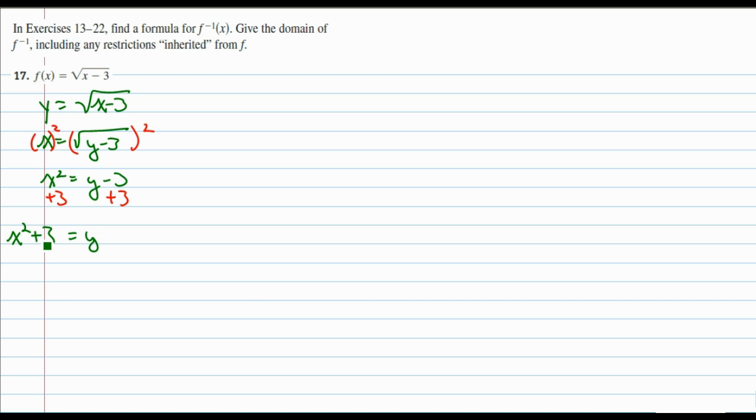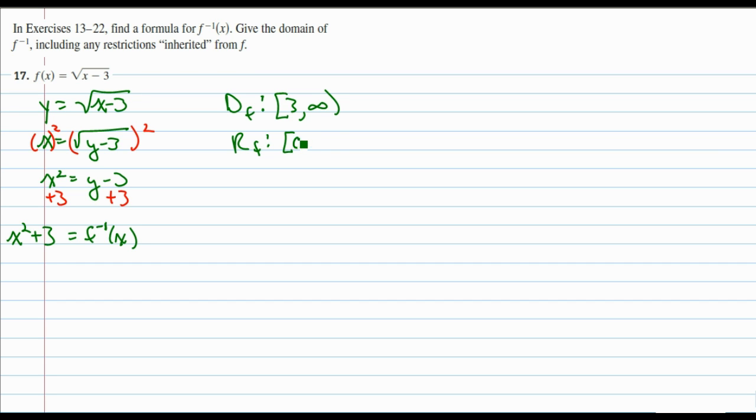So again, I have this situation where f of x is a square root function, so the domain of f is 3 to infinity. The range of f: if I plug in positive 3, 3 minus 3 is 0, the square root of 0 is 0.